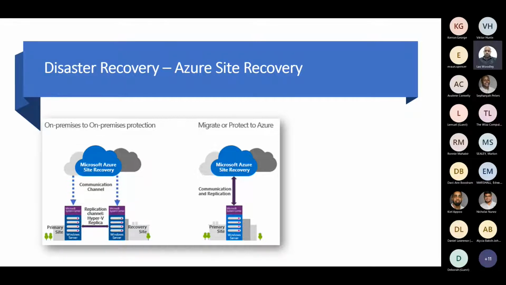Site Recovery basically replicates these workloads that are running in your on-premises environment, whether they be on physical servers or virtual machines, and they replicate them to a secondary site, which would be your warm site, or it can be replicated to Azure, which could also be considered a warm site. When these outages occur at your primary site, you can fail over to the secondary site and access the services from there. If your primary site has returned to functional level, we can also fail back.